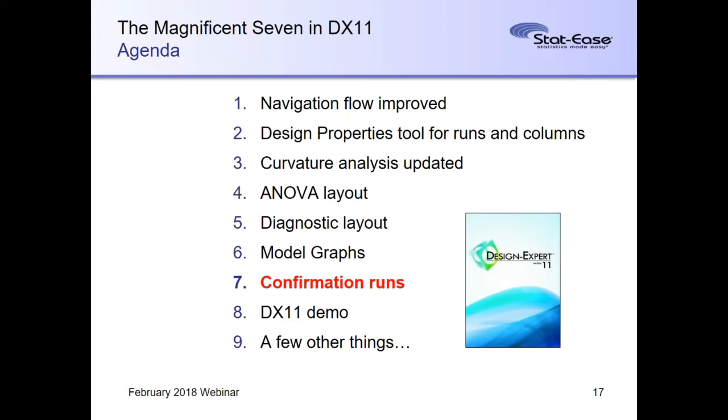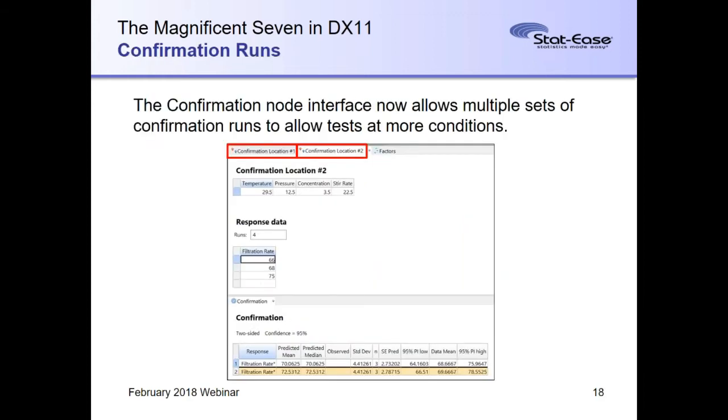Now, people have asked us about confirmation runs for some time, and with DX10, you could only do confirmation runs for one point at a time. The new confirmation interface now allows you to do multiple sets of confirmation runs at differing test conditions.